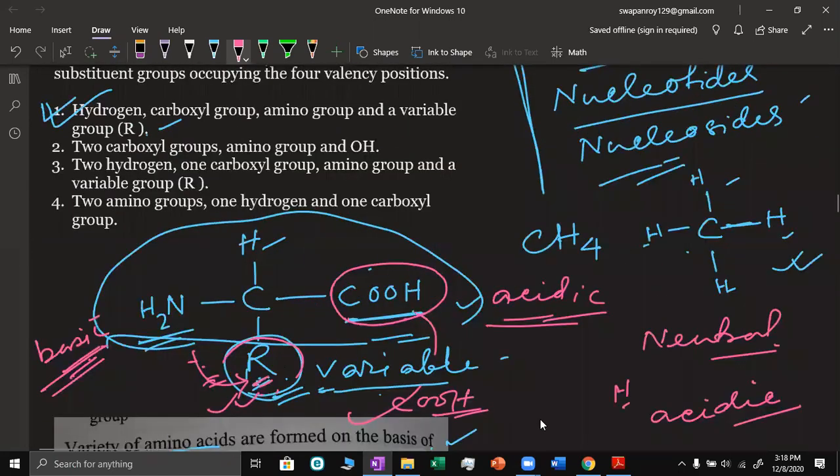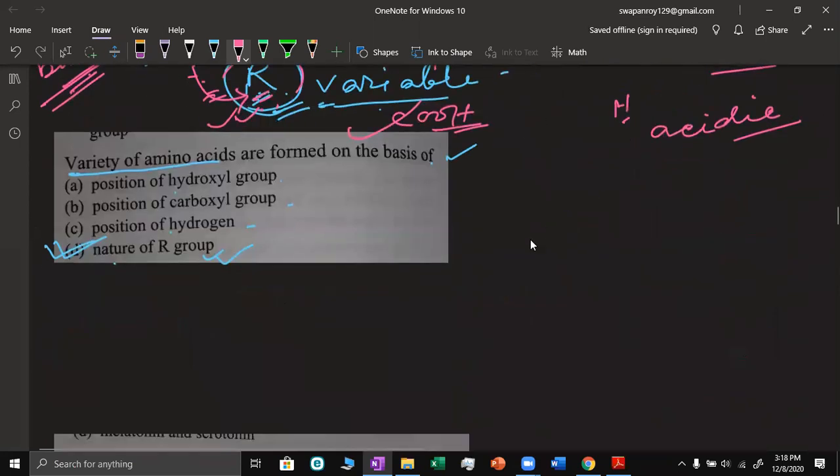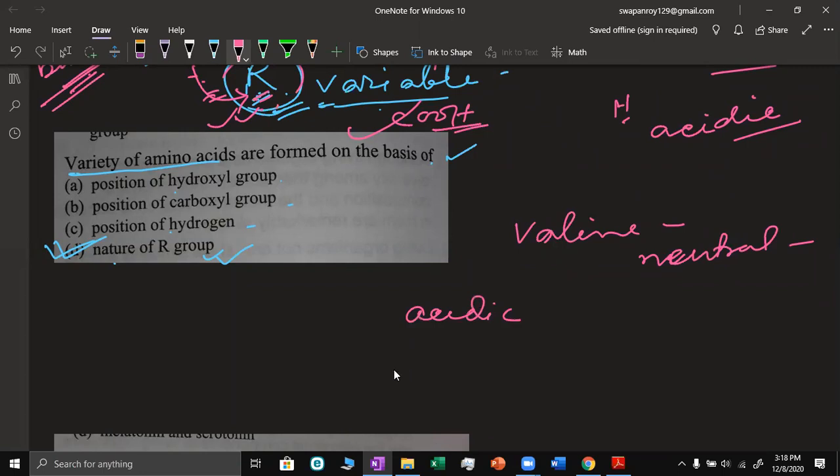And here if it is changed, then valine is neutral, there is an acidic one, and there is a basic one.